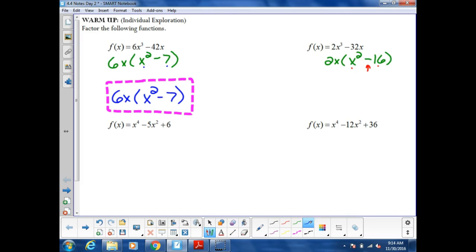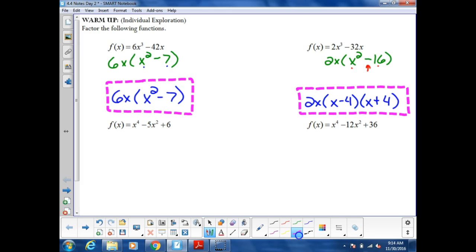So this becomes 2x times x minus 4, x plus 4. When we factor completely, yes, the green line is factored, but it's not factored completely.